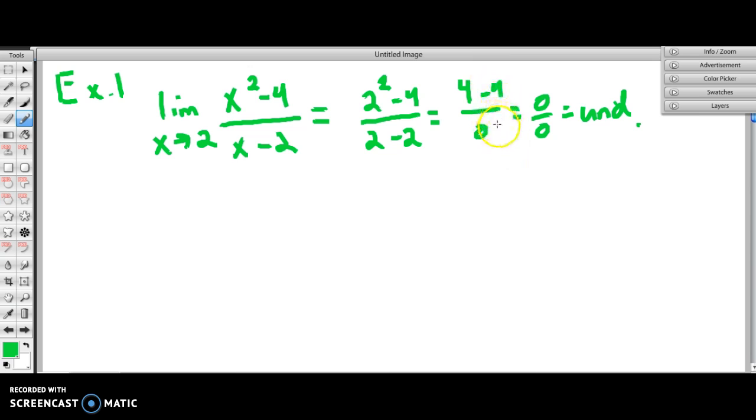If you get undefined when you plug it in, you're not done. You have to figure out if the function actually behaves some type of way as it approaches 2. Remember, we care about what's happening around the points, not what is the value at the points.